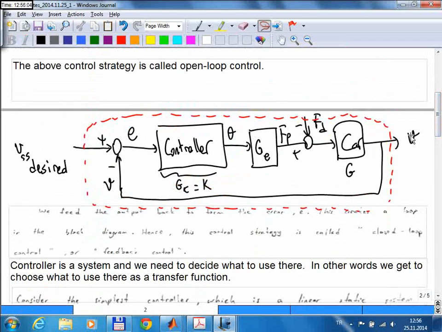Okay, so maybe I should explain it a little bit more. The controller is a part of the car actually, but it is not a part of the original system. Okay, so think of it this way. Suppose that you pick up an old car, which doesn't have a speed controller.